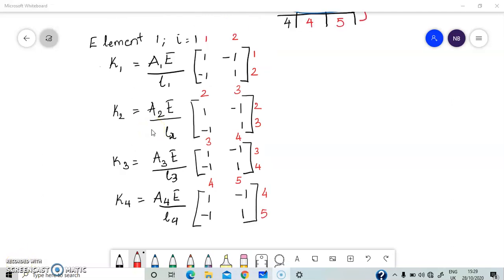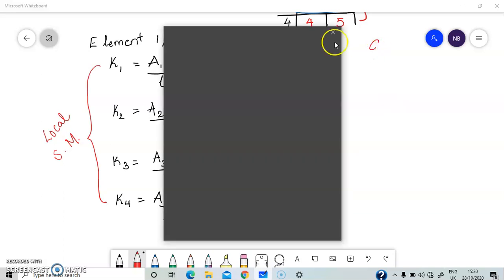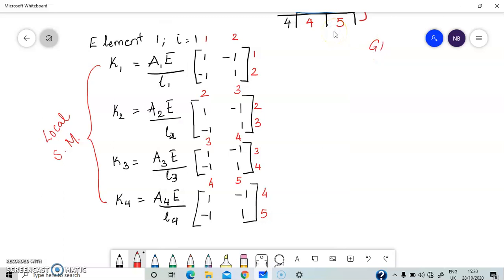K1, K2, K3, K4 are all local stiffness matrices. Now we need to assemble all these and get the global stiffness matrix. So let's see how we get this global stiffness matrix.